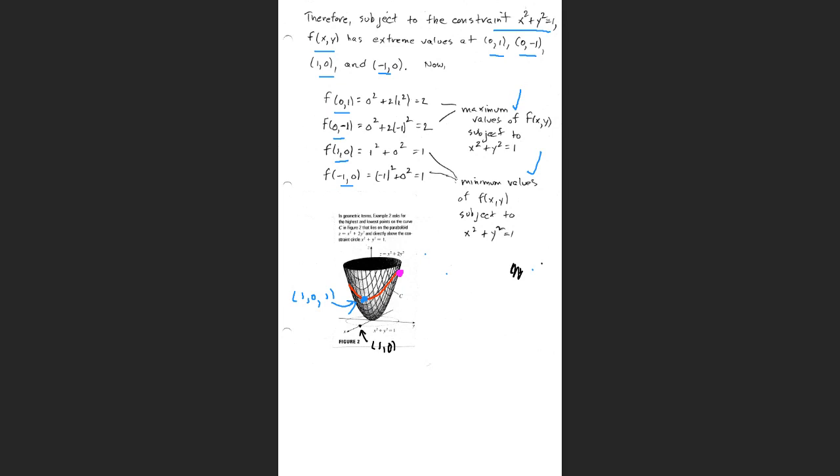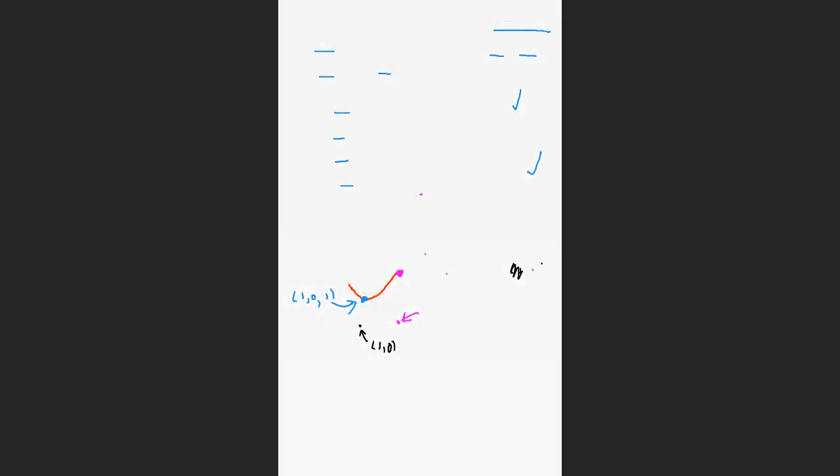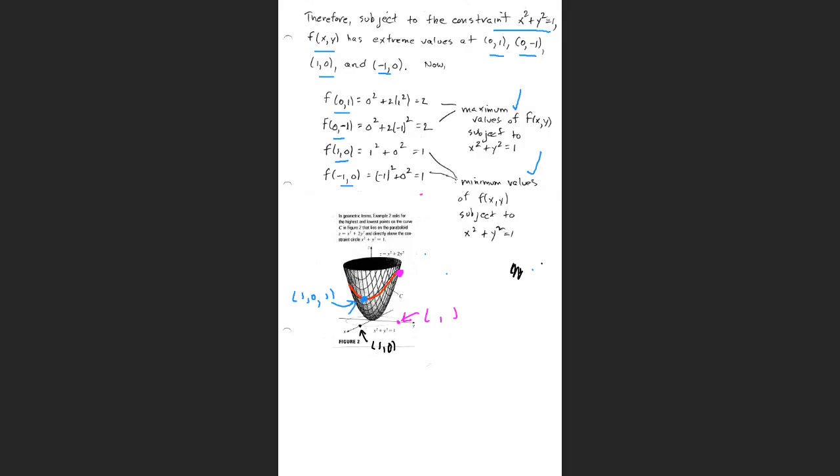Now let's go to the pink point. The pink point is a high value. That's a maximum value. Okay. So in the xy plane, what are the coordinates there for that point right there?